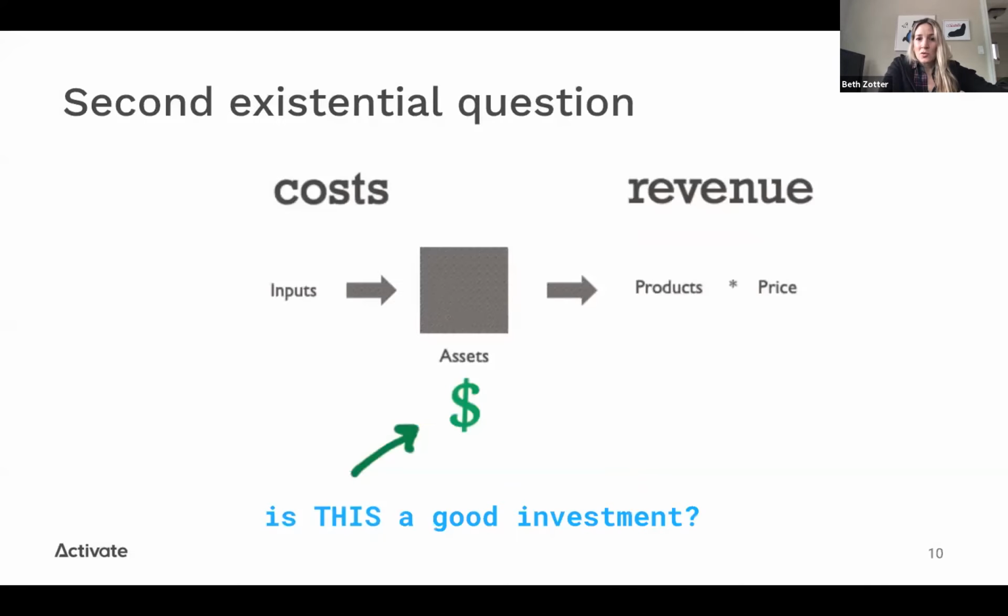The second existential question is whether the investment in the infrastructure to produce that product earns a sufficient return. And that depends on how you're being financed, with venture, with equity, with debt. That's something for Robert to answer your questions on.